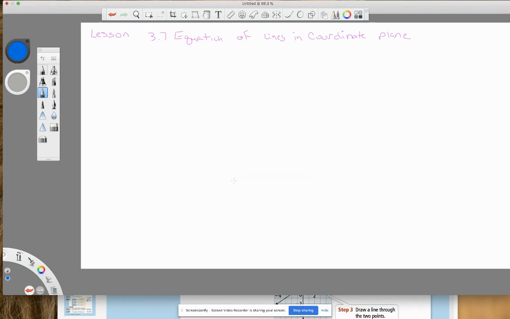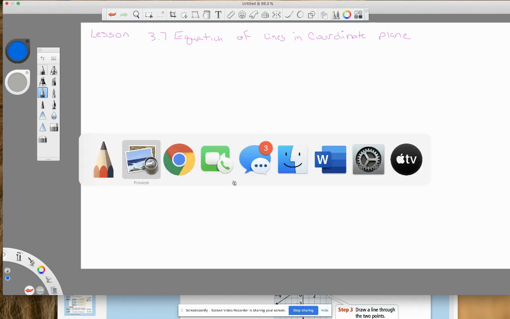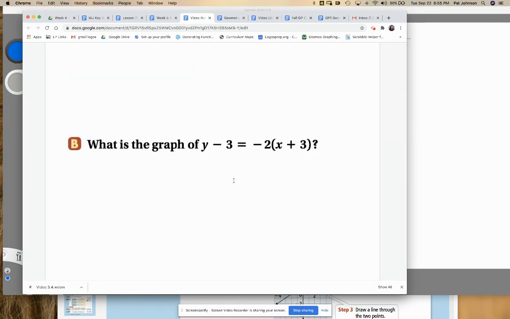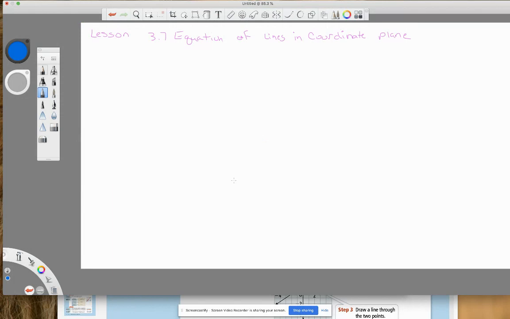All right, so let's try B. What is B? B tells us, what is the graph of y minus 3 equals negative 2 times x plus 3? So our equation is y minus 3 equals negative 2 times x plus 3. Well, this is point-slope form.